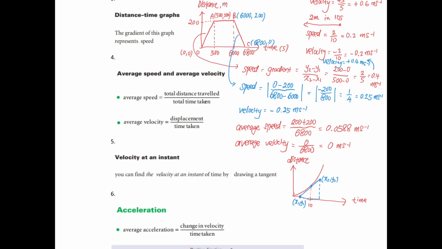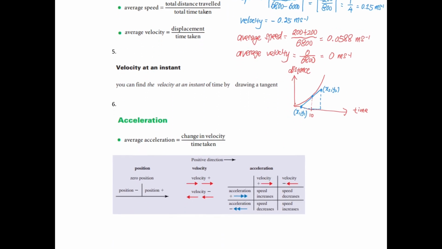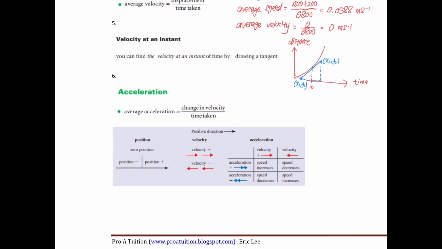Okay, so now we already know different ways to find speed and velocity, and there are average velocity and velocity at an instant. Let's move on. Now, number 6, accelerations.